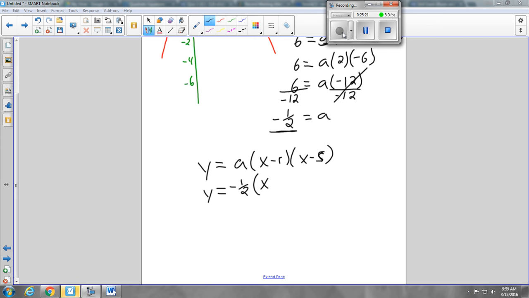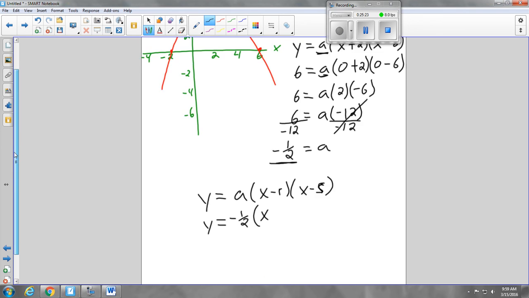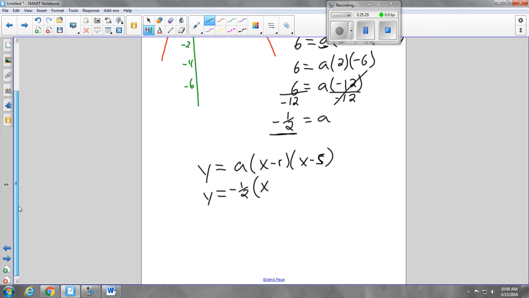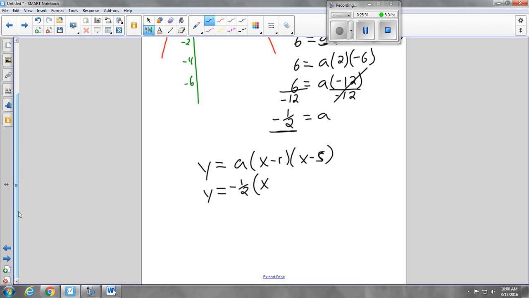But instead of r and s, we already figured those out. I'm going to write 2 and 6, because those are my x-intercepts. So plus 2, x minus 6. And there, we figured out our equation of that graph.